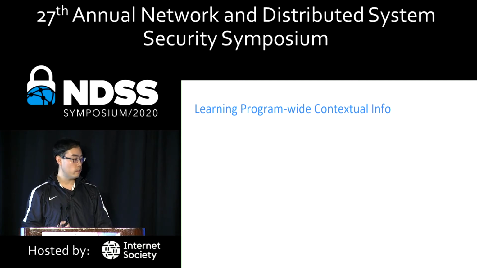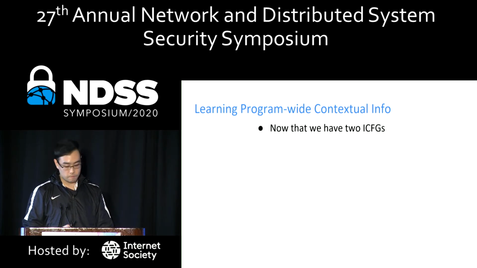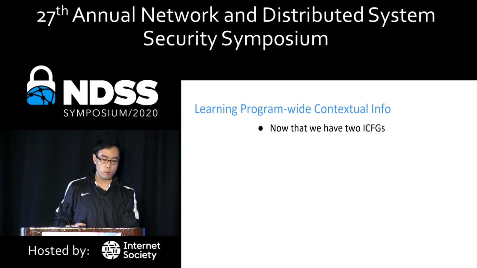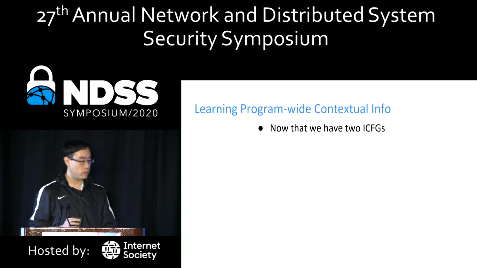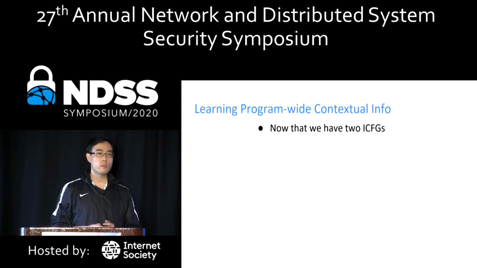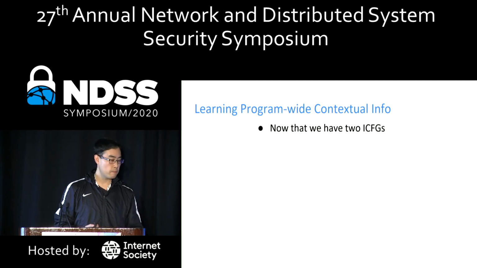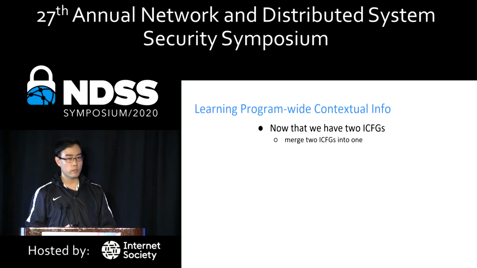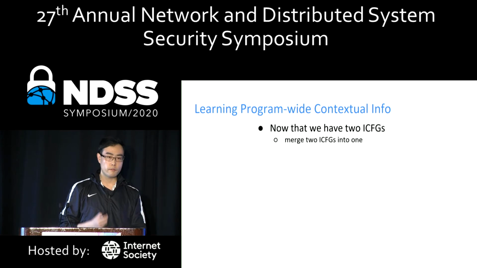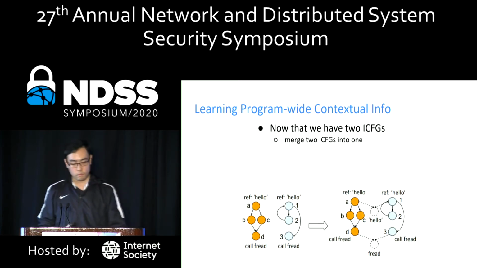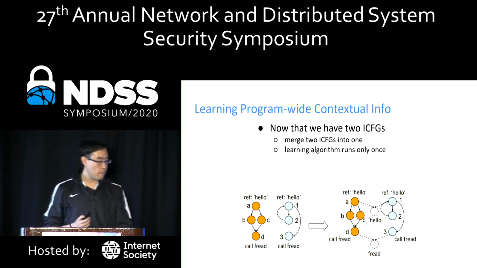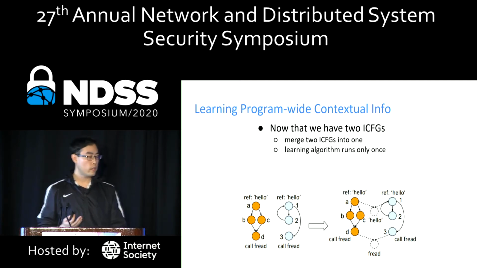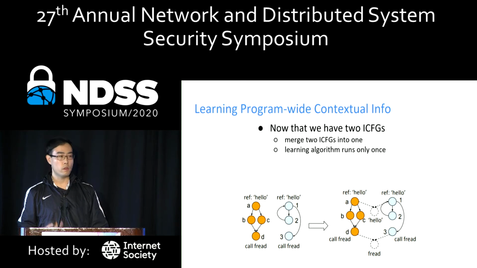But then how do we learn this? Before we get into the details of how we learn this, we now have two control flow graphs, right? What we want to do is merge these two graphs into one. Why? First of all, we can run our learning algorithm only once.